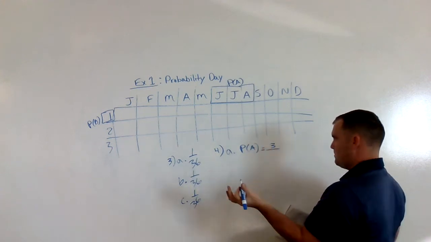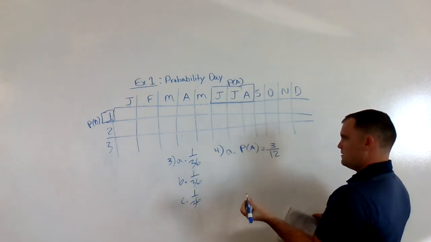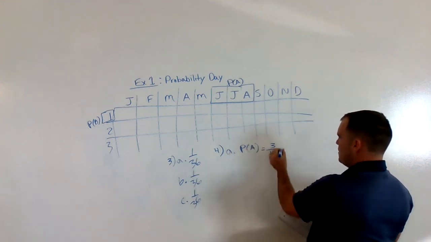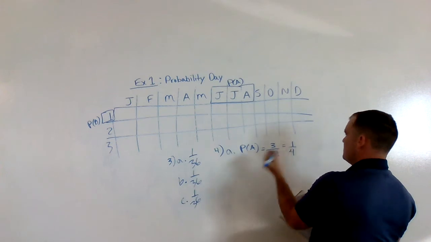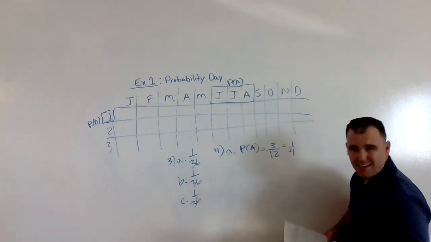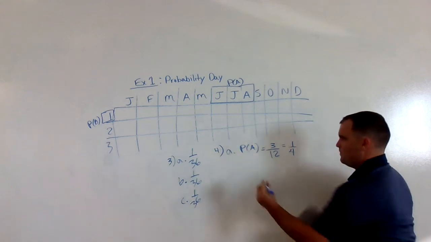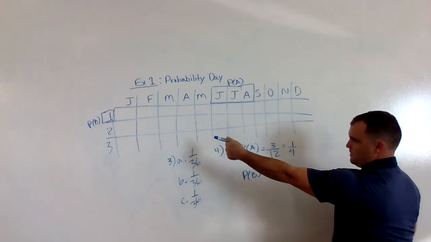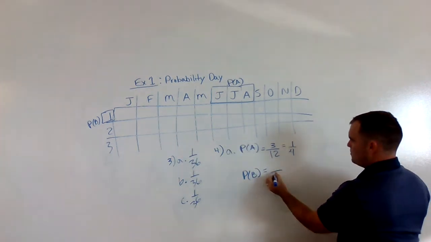Out of how many months total in a year? 12. So 3/12 is going to be our probability of a summer month being selected. So that's 1/4 or 25%, right? Now B says calculate the probability of B. So the probability of B is going to be, well, how many total options are there?